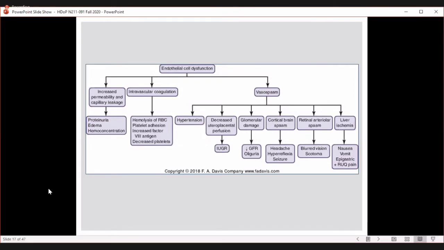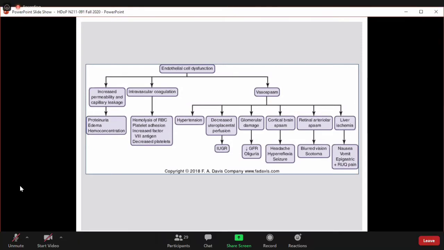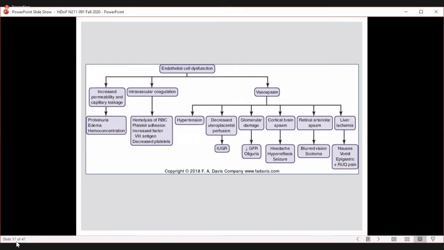In addition to that, if more fluid is going into the interstitial space, what does that do to the concentration of the blood, of what's left in the vasculature? Is it more concentrated or less concentrated? More concentrated. Right. So now you have hemoconcentration, which means that you have reduced blood flow to the organs.